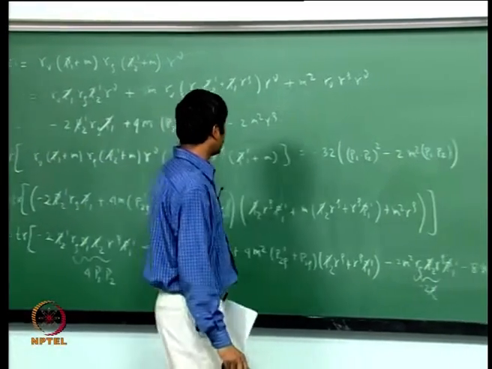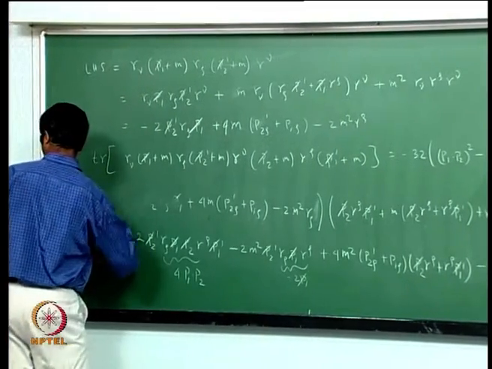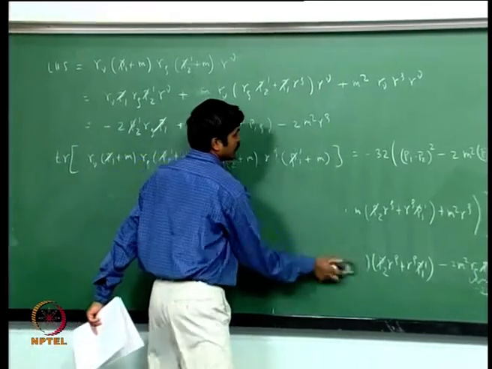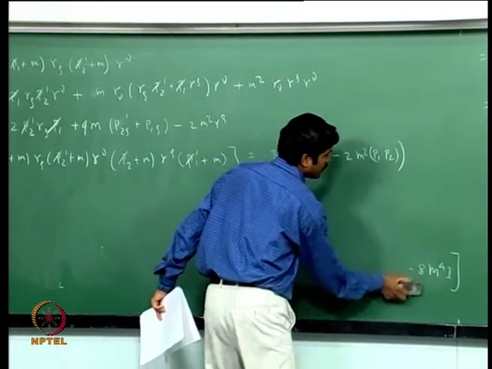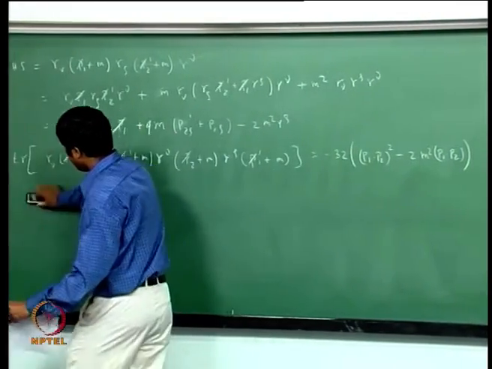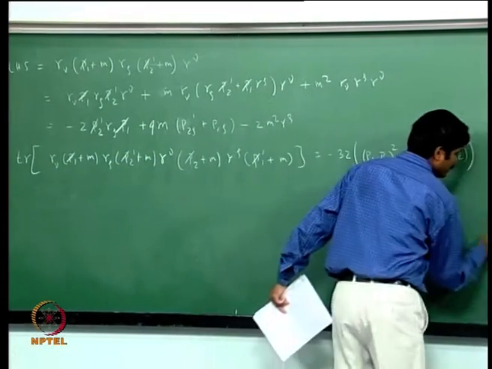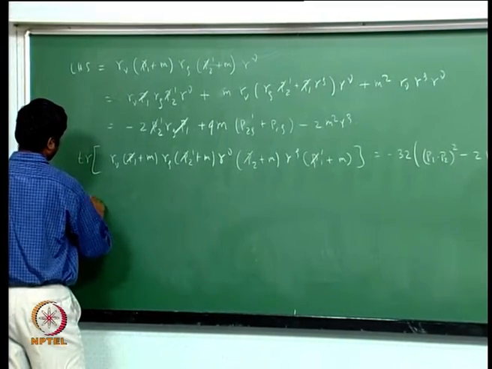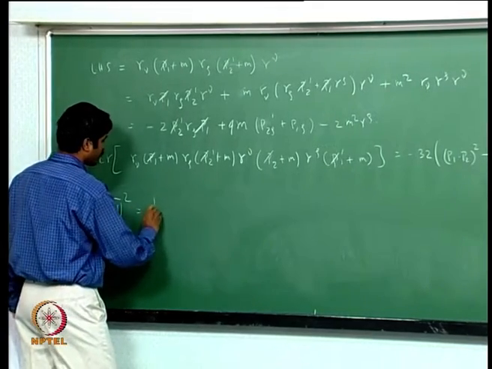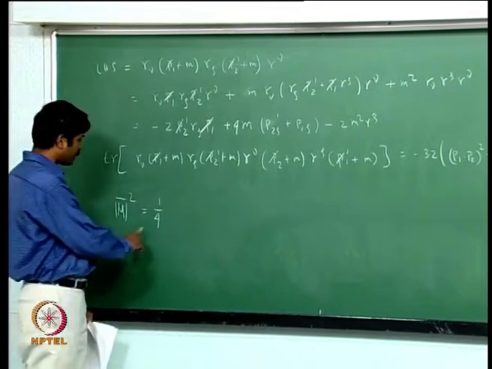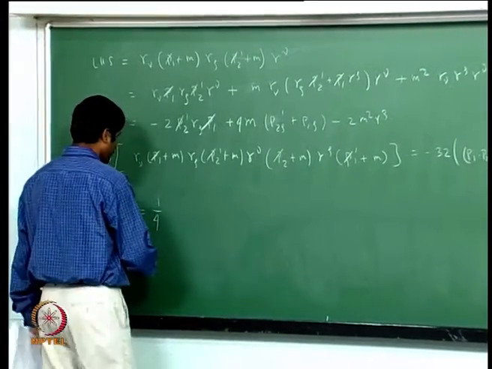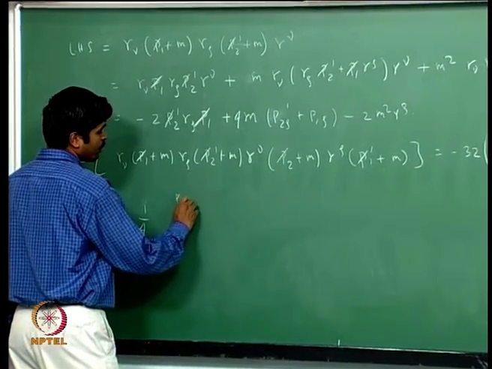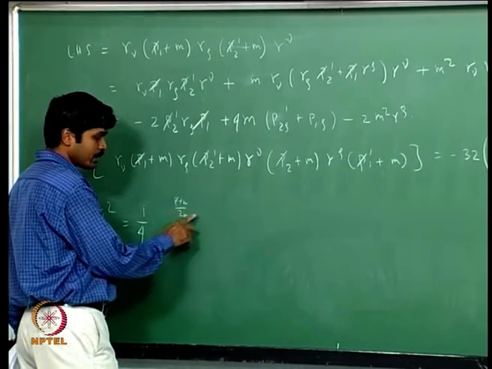Remember, when we computed mode m square average, there was a factor of 1 over 4 because of the average over spins of incoming electron, and then we had p slash plus m over 2m, those terms were there, there are 4 such things.